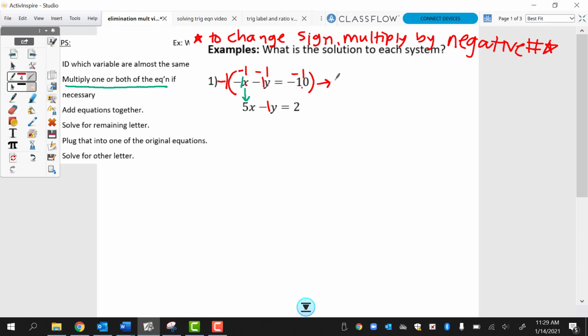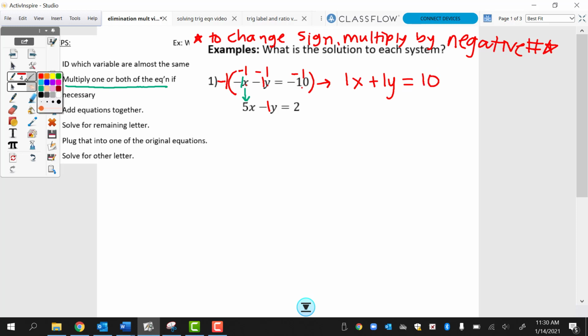Well, now that's a positive 1. It had an x, I put an x. For my y numbers, negative 1 times negative 1 is a positive 1. Had a y, put a y. Equal sign, put the equal sign. The last one, negative 1 times negative 10, I would type that in, and I would get positive 10.